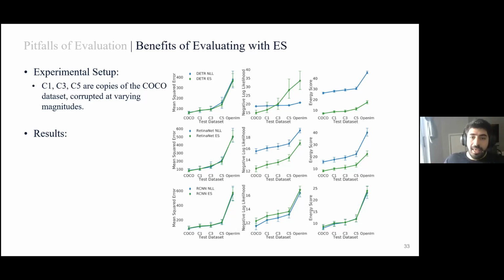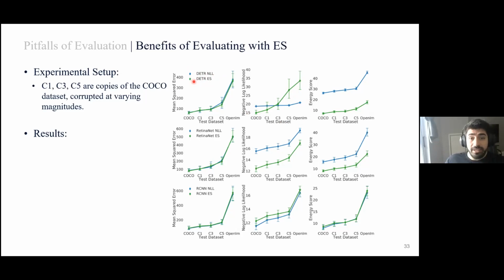Why is that? Because the network can make sure that it gets a constant negative log likelihood just by increasing its variance to substantially high values. And this is evident here. When we use the negative log likelihood to evaluate DETR NLL, it has a constant negative log likelihood, whereas DETR ES starts substantially increasing its negative log likelihood.